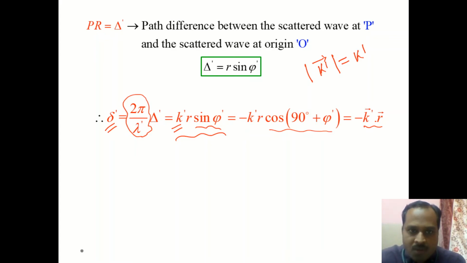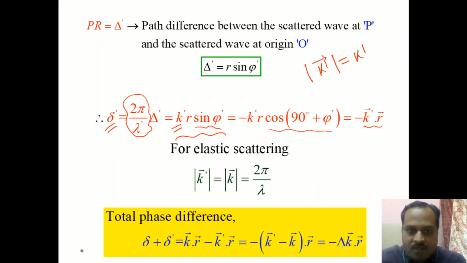So what is the total phase difference now? For the incident wave it is plus k dot r, and for the scattered wave it is minus k prime dot r. So the total phase difference can be written as del plus del prime, which is k dot r minus k prime dot r. Since X-ray diffraction is an elastic scattering, the total momentum is conserved.